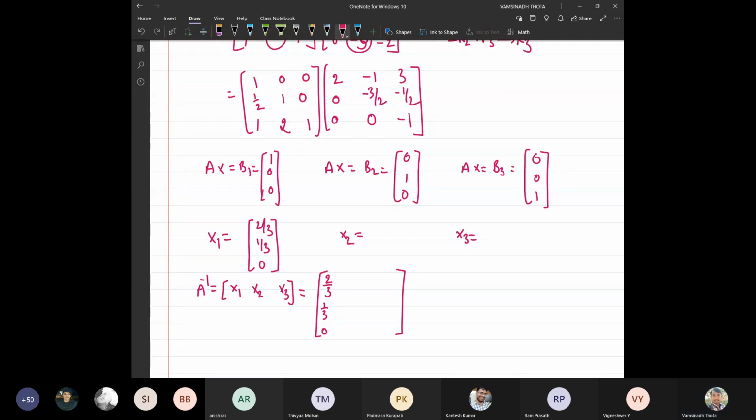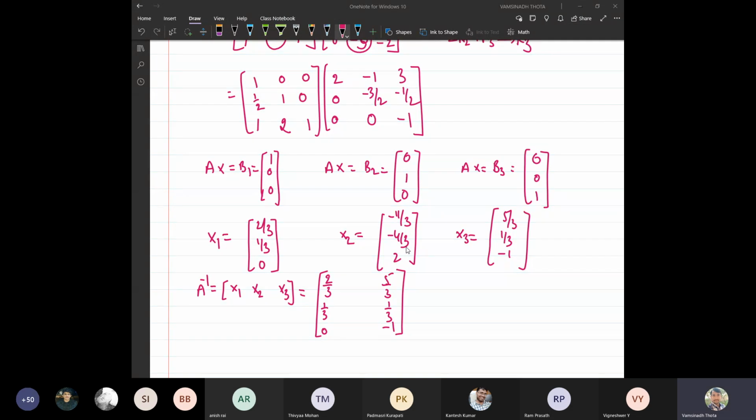Yes, right. X2 is minus 11 by 3, minus 4 by 3, 2. Yes, that is also correct, Abhishek. Thank you. So that is minus 11 by 3, minus 4 by 3, 2.